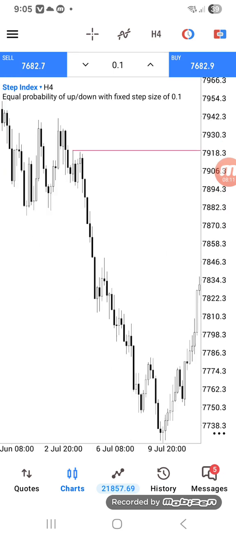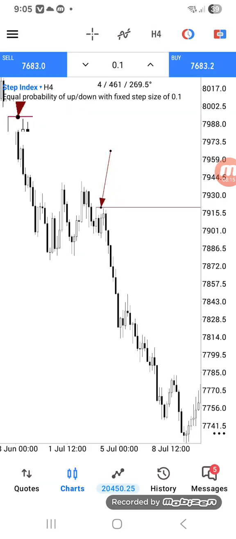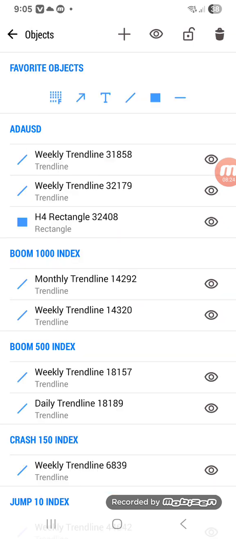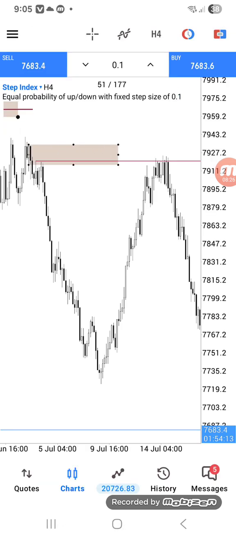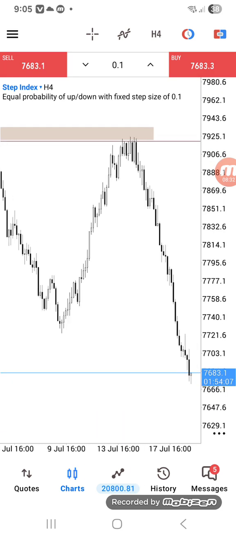The market came and took this liquidity. You see this high here, it has already taken this liquidity, and it respected this what, order block. We have an order block here, and it tapped on the body of the order block.